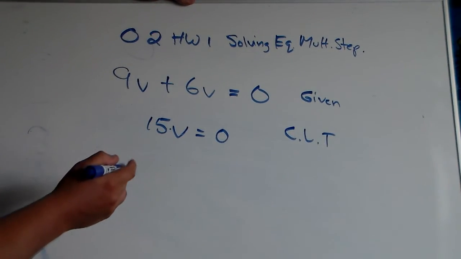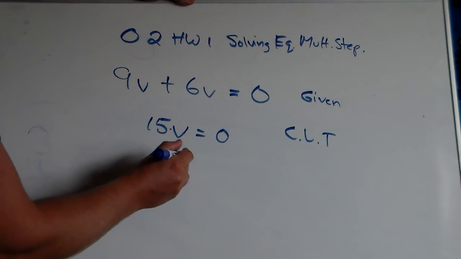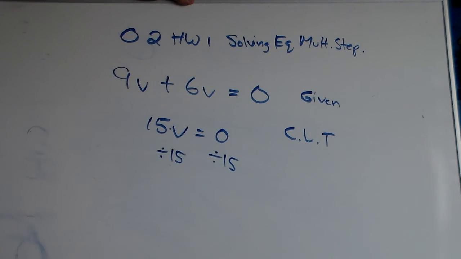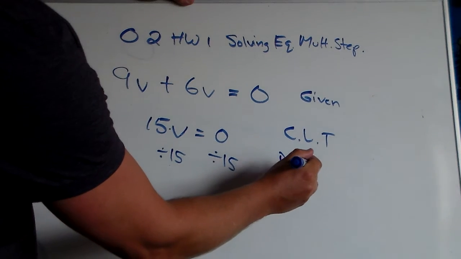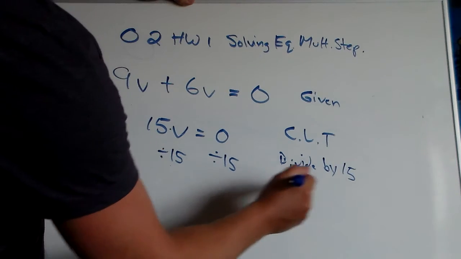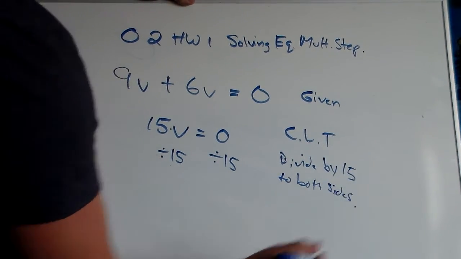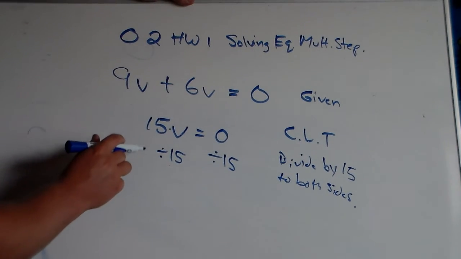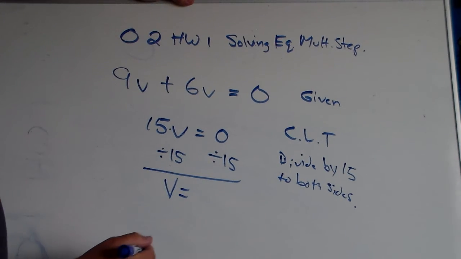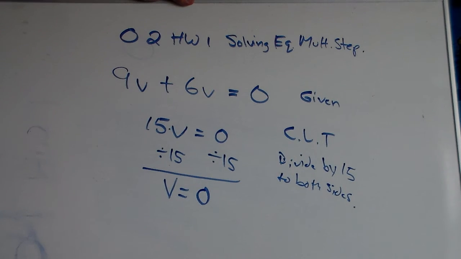This is 15 times v. The inverse operation of times is division, so we're going to divide by 15 to both sides of that equal sign. So divide by 15 to both sides. 15 divided by 15 gets us the 1v. 0 divided by 15, well, that's just 0.